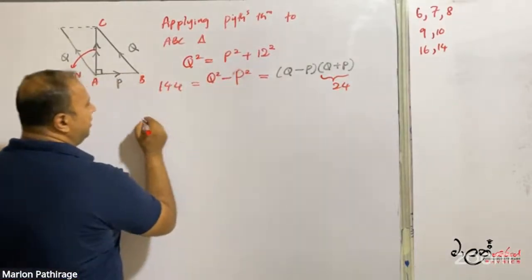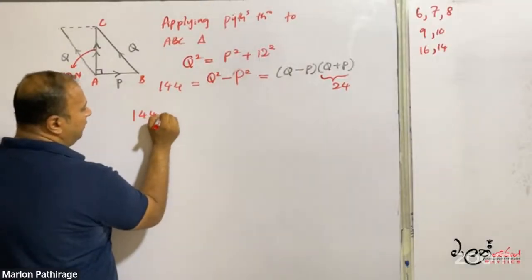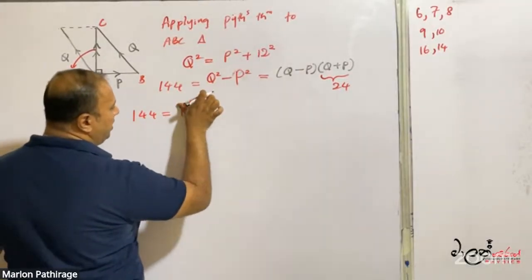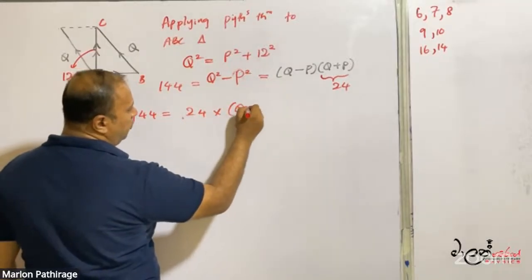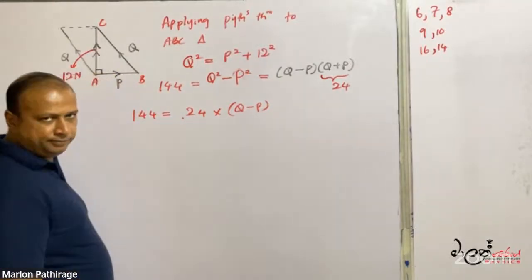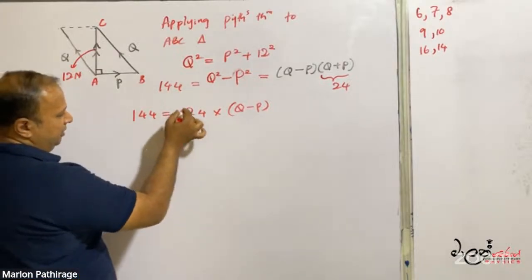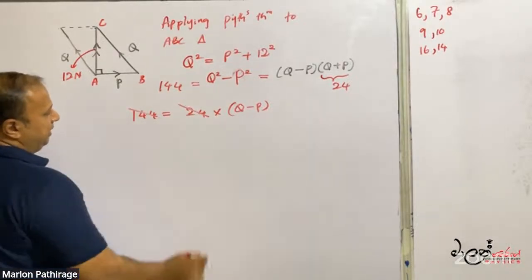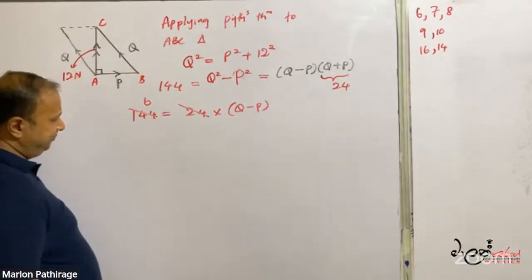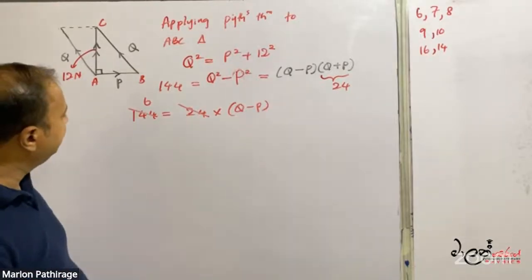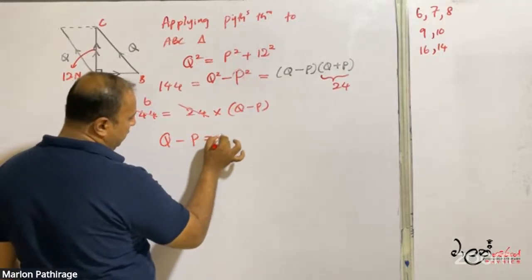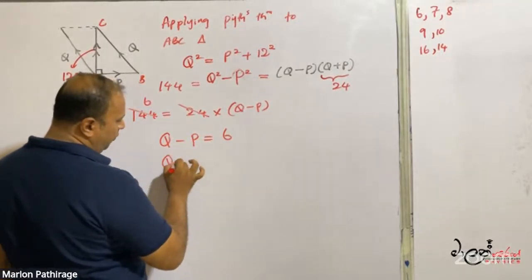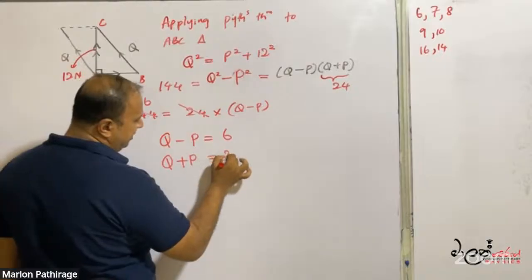Therefore, 144 is equal to 24 into Q minus P. This will be cancelled out, it is 6. Therefore, Q minus P equals 6 and Q plus P is 24.